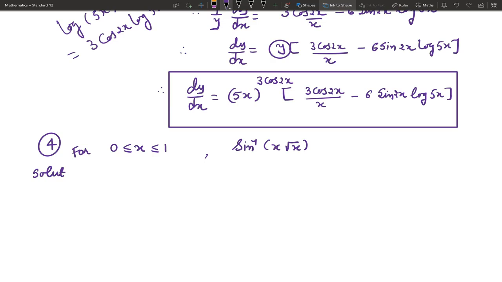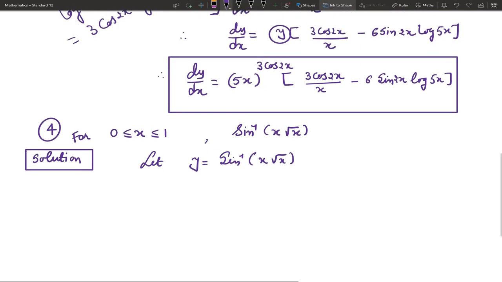Solution, let we denote this one by y. Let y equal to sin inverse x into root x.